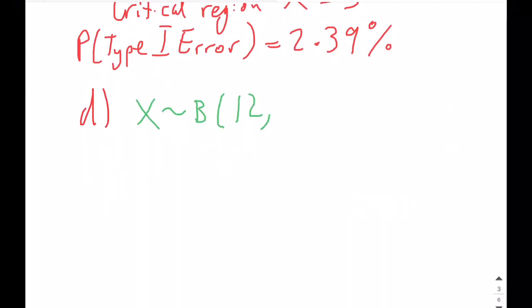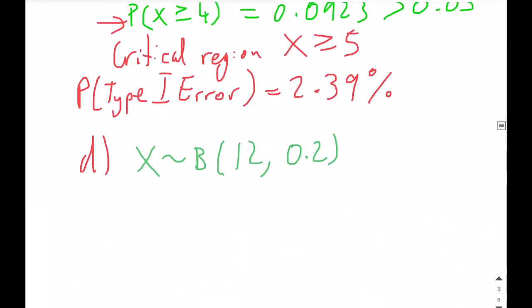There were 12 mathematicians, and now I know for a fact that 20% of them are left-handed. My critical region is greater than or equal to 5. So if I'm in the critical region, I reject H0.